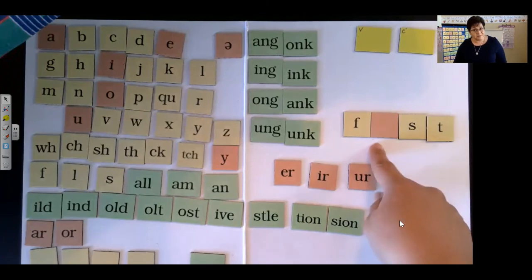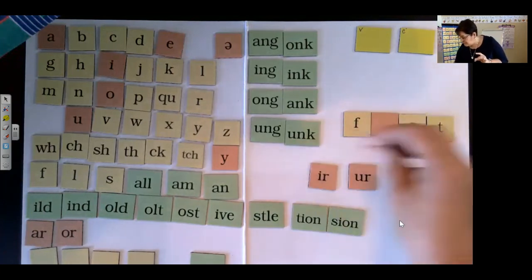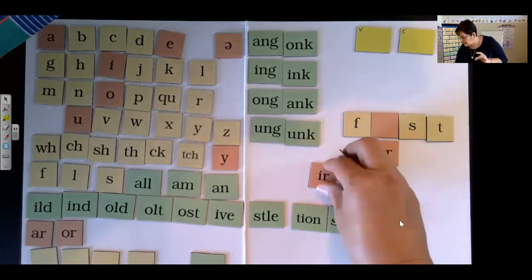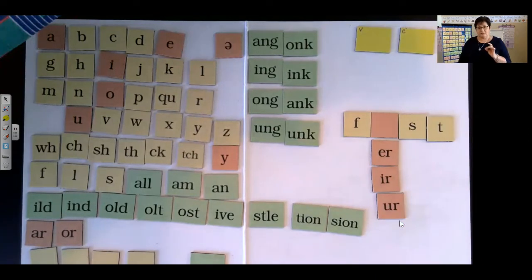So I used my blank one because that's the one that was our spelling option. So my choices are going to be ER, IR, and UR. So maybe you know, maybe you don't know. There are some words that I always have to write out because I'm just not sure. Like some words that really trick me still. And that's okay. This is what we do as grown-ups, as people who are spelling the English language.